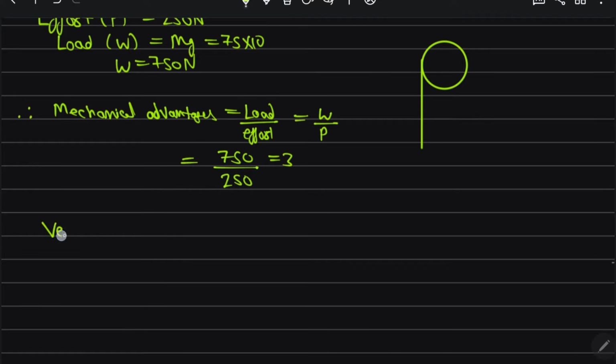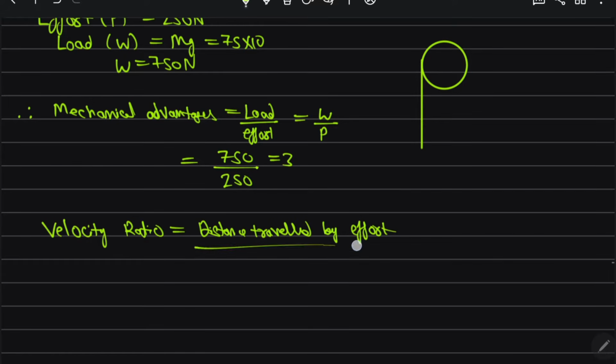And then after that, velocity ratio also we have to find. Velocity ratio is basically distance traveled by effort divided by distance traveled by load.